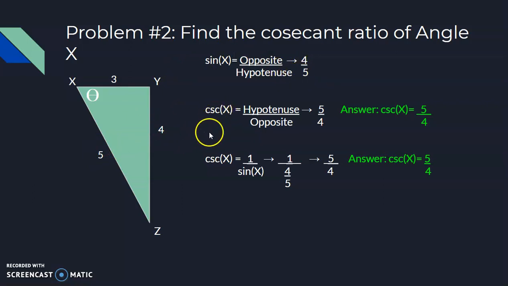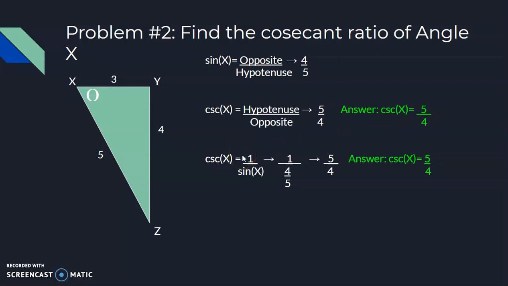I used the two cosecant functions in this problem because I want to show you that you can get the same answers by using two different functions. So I did the first one, cosecant of x is equal to hypotenuse over opposite. I know my hypotenuse is 5 and my opposite is 4, which got me 5 over 4 as my ratio. So my cosecant ratio of angle x is equal to 5 over 4.